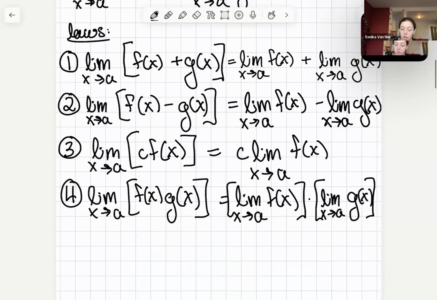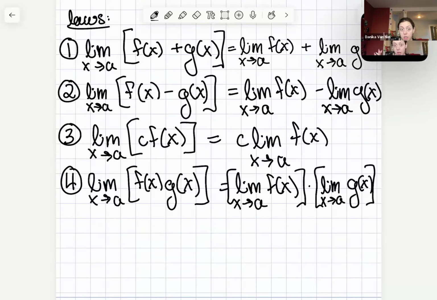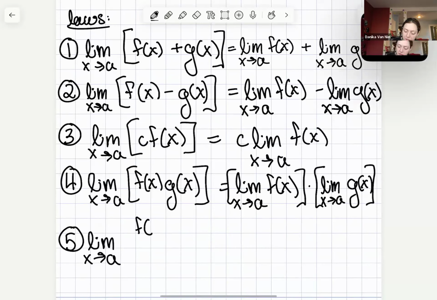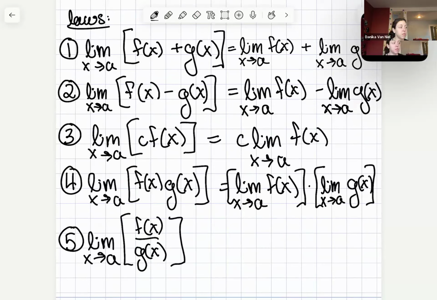So division now, as hopefully I've taught you by now, we need to be a bit more nervous about. Okay. So I've got f of x divided by g of x. And if we were in class, I'd ask, what are we scared of? And someone would say dividing by 0.